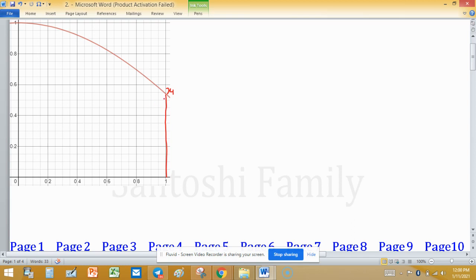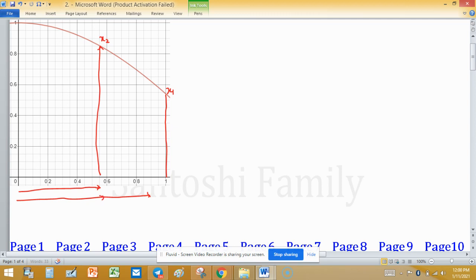So this is approximately this height or this length, and at this point the height of the cos function is this. It will be x2.